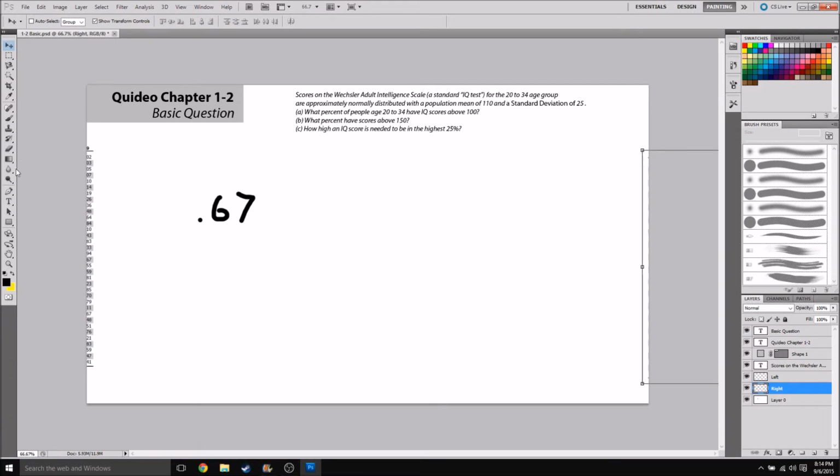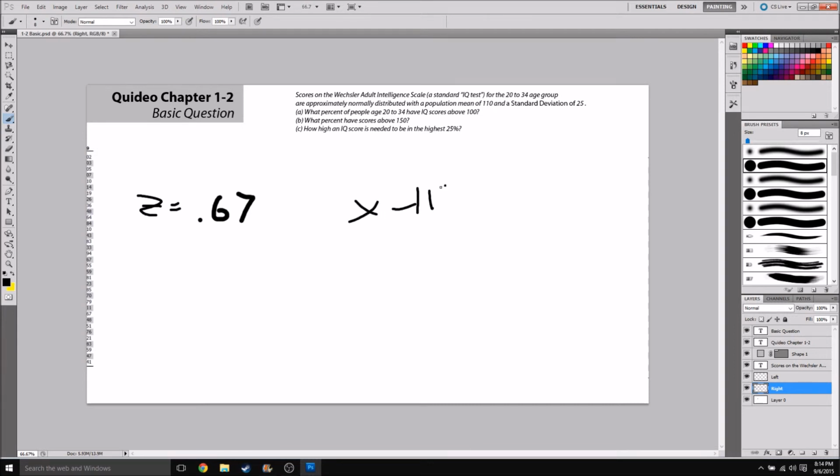Now that we have our z-score, we already have the population mean and the standard deviation. So we can say x minus 110, divided by 25, equals 0.67. Now we need to get x by itself. So that's multiplying 25 by 0.67, which is 16.75.